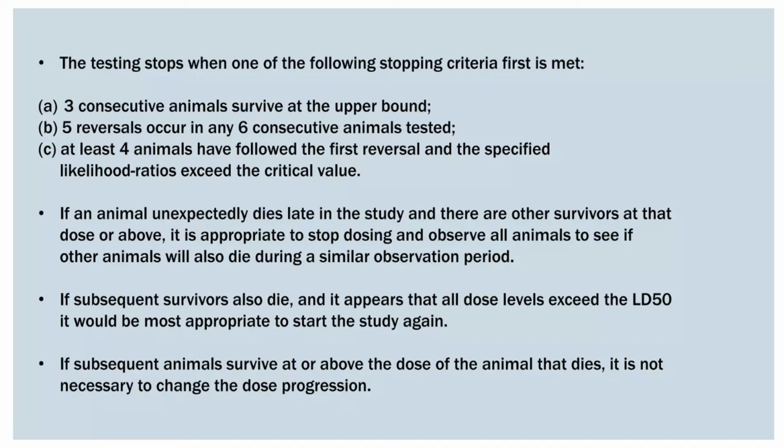In case you have given a dose of 175 mg, if the animal did not die up to 48 hours, and after 48 hours you have given the second dose and that animal is surviving up to 48 hours, and the previous one to whom you gave 175 mg per kg died, then you have to go further according to the dose progression factor. Don't look back, because at 550 mg per kg those animals are surviving.